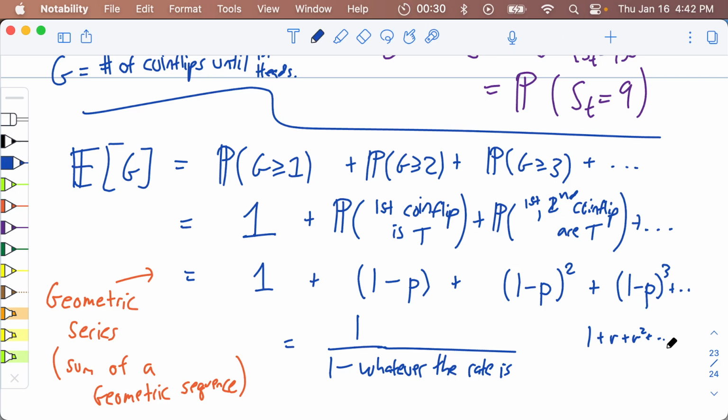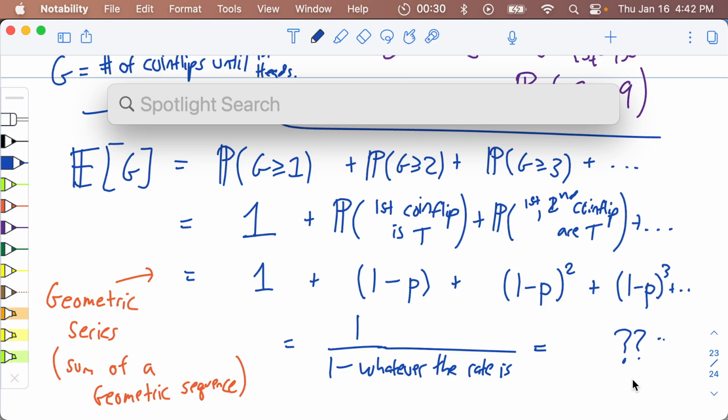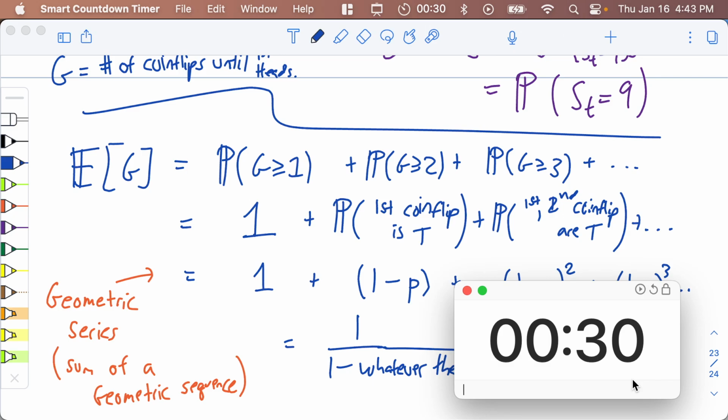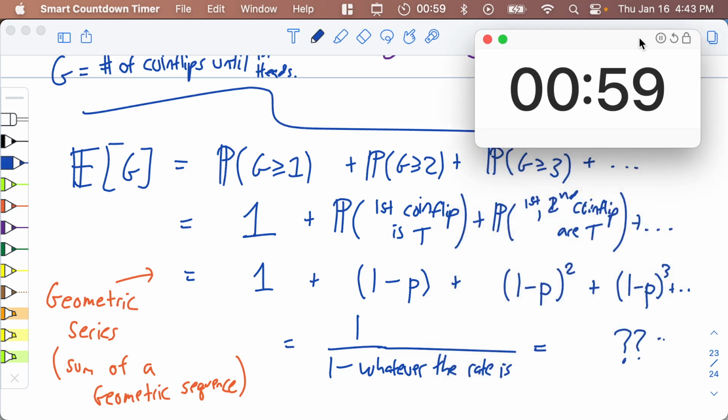Hopefully you've seen it before. One of the nice proofs of mathematics. What is it in this case? I will let you think for a second. So it's 1 over 1 minus whatever the rate is. What is that equal to here? Let me give you a minute to think and fill in what it is. Or you can try to remember why it is 1 over 1 minus the rate if you want.